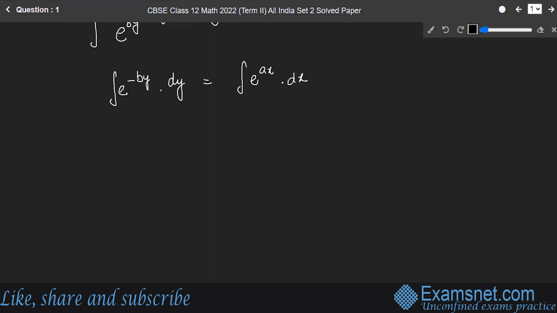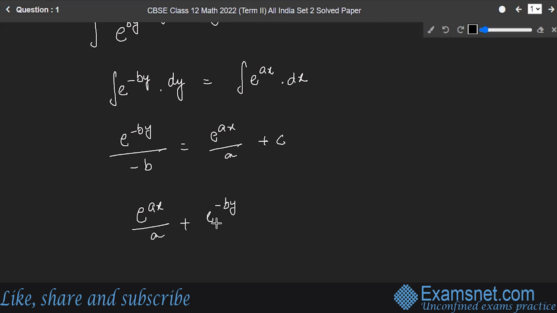So this will be e raised to power minus by upon minus b is equal to e raised to power ax upon a plus c. Correct. So I hope you're clear till here. Now let's take everything on one side. So this will be e raised to power ax upon a plus e raised to power minus by upon b plus c is equal to 0. Hope you understood this, and this is the answer to the question.